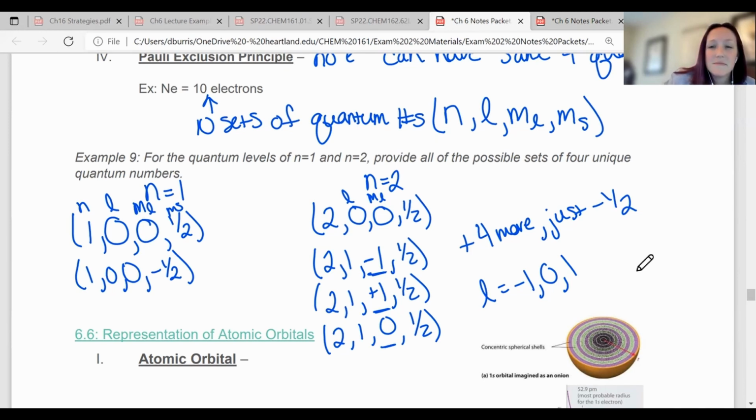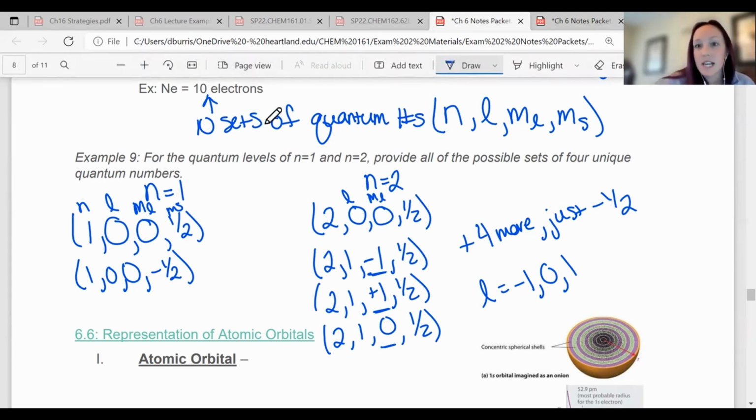Wait, I thought there were 10 sets of unique quantum numbers for electrons. Yeah, when we were looking at neon above, I said there were 10 sets. So what we just did is list all the quantum numbers for those 10 electrons.